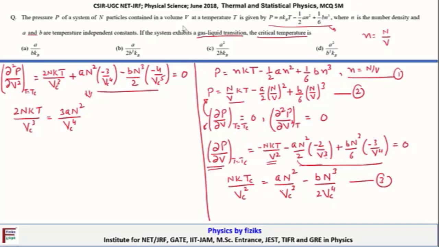Now the second term, minus 2B, where the 2 cancels with the 4 leaving a factor of 2, so minus 2B N cubed divided by Vc to the power 5.